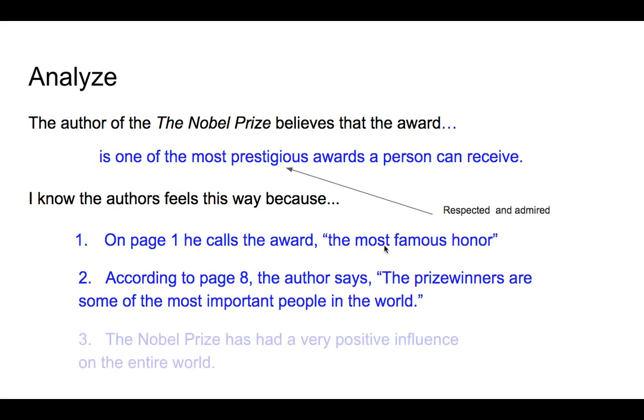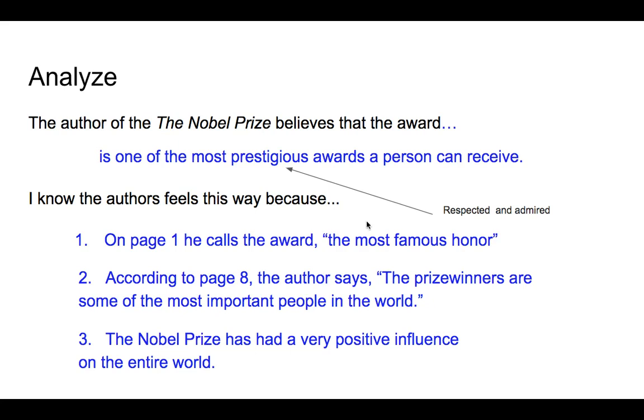Another piece of evidence is that he states the Nobel Prize has had a very positive influence on the entire world. The fact that he brings in the entire world and what a positive influence the prize has, just another reason why I know this award is very prestigious.